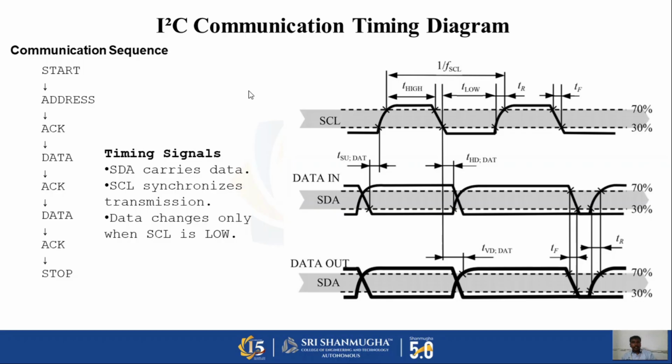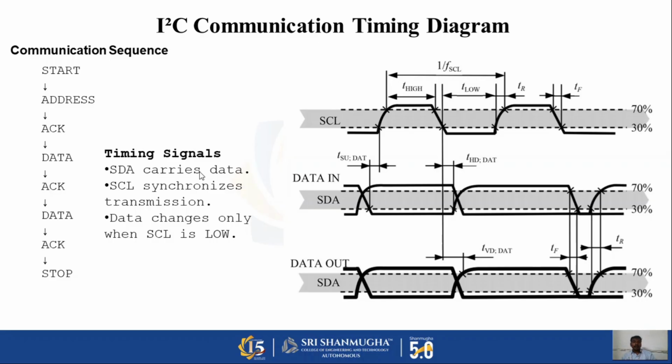Here we see the timing diagram of I2C communication. Communication begins with a start condition. This is followed by the address field. Next comes the acknowledge signal. Data bytes are then transmitted sequentially. Each data byte is followed by another acknowledge signal.